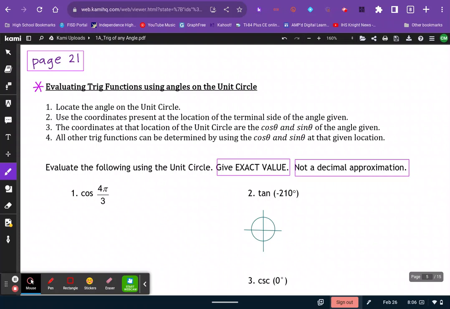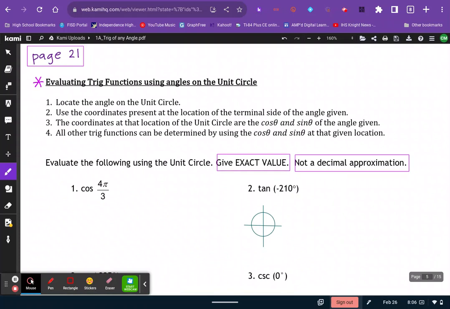So for the first problem, number one, you're going to locate the angle on the unit circle. So 4 pi over 3. I go to my unit circle, I locate 4 pi over 3, and I look at the coordinate at that angle. Remember that on the unit circle, cosine is the x value and sine is the y value for every coordinate.